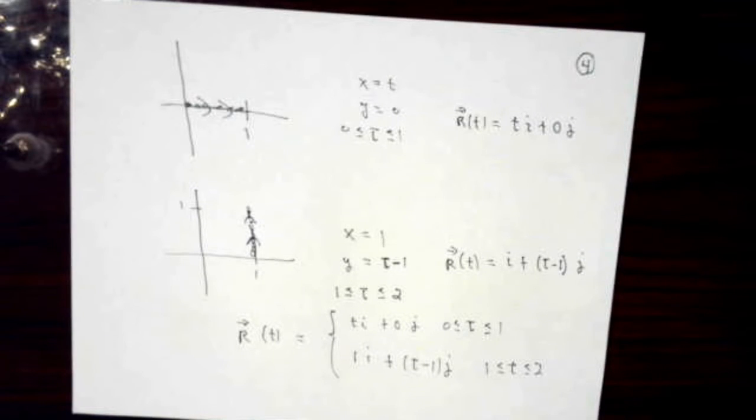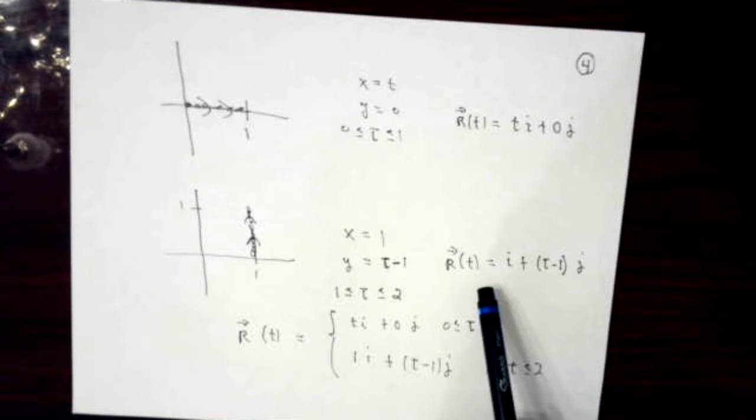That would mean that the t would have to be 2 in that case to make this work out correctly. So for this second chunk, my x-coordinate will be 1, my y-coordinate will be t minus 1, and the t in this piece varies from 1 to 2. The vector valued function that describes that part of the graph is this.